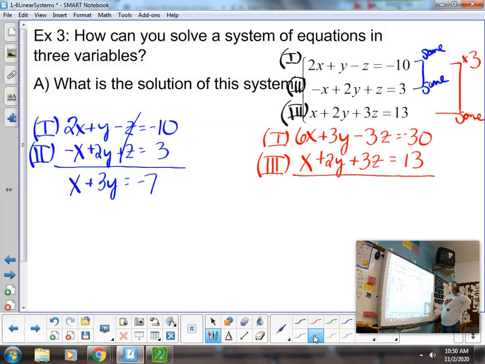So whenever I match those up, let me just double check and make sure I multiplied everything I was supposed to. My z's are going to add out. I'm left with 7x plus, not 6, plus 5y. Again, it's very important that you're very careful with what you're doing. 7x plus 5y is equal to negative 17.